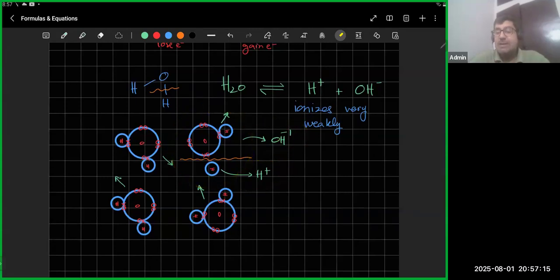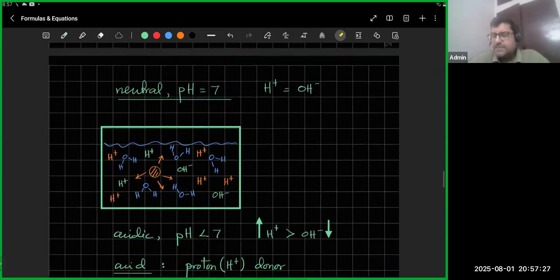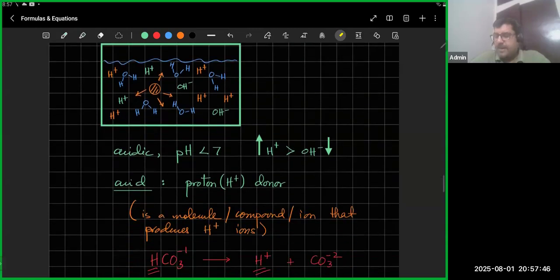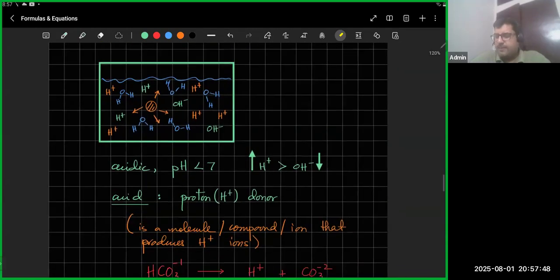So technically, any water that is pure, that doesn't have anything in it, can be considered neutral water, and that is pH 7. I'm going to come back to pH later on as well. At the moment, just understand that pH is a calculation. pH 7 means that the H+1 and the OH ions are in equal amount. Okay. And then we talked about acids.